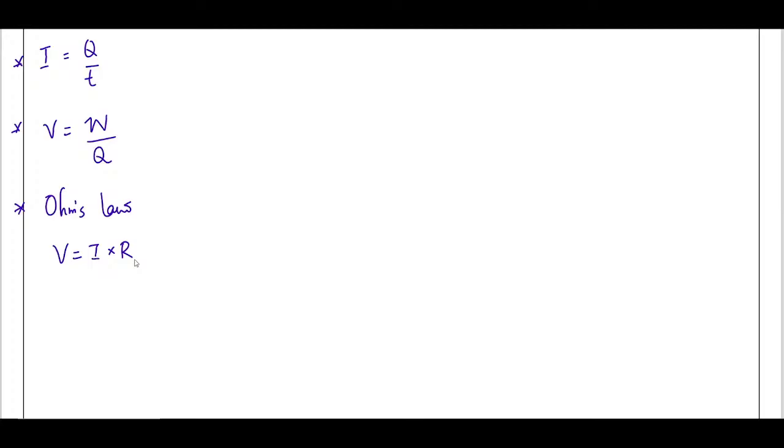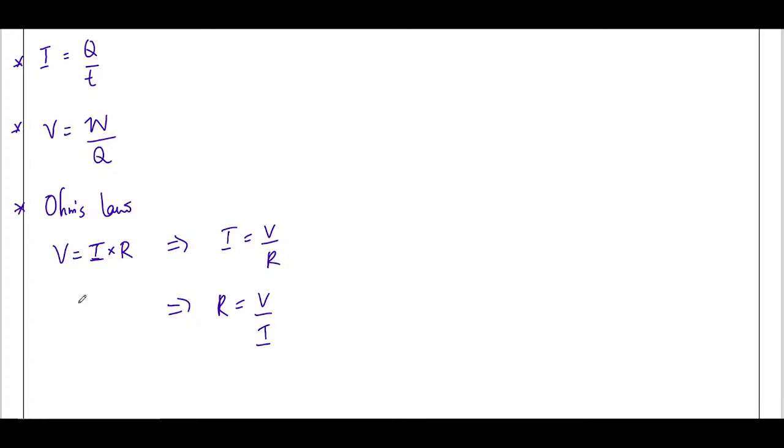V equals I into R. Potential difference V equals current I into R. Here we can express I as V by R, just cross multiply. Or we can express R equals V by I.